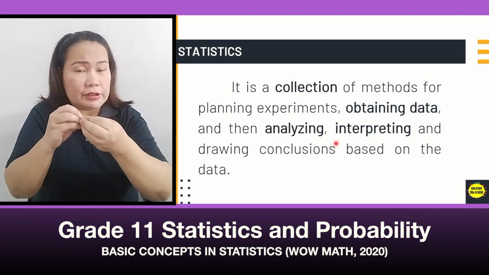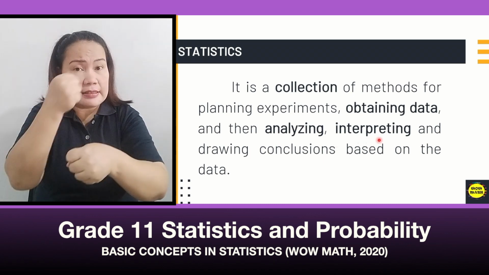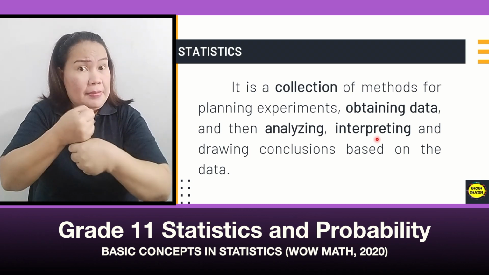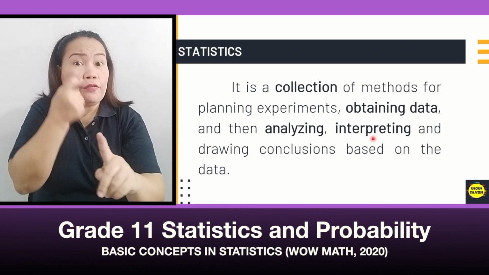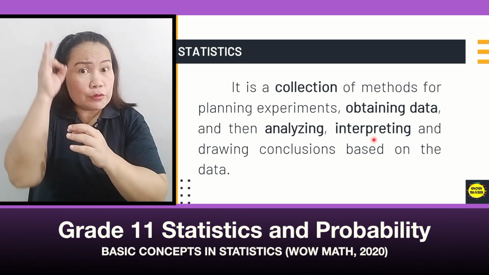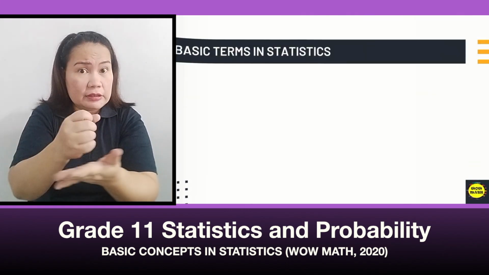And lastly, the last process in statistics is interpretation. This is about deriving conclusions from the data that have been analyzed. It also involves making predictions or forecasts about a large group based on gathered data from the small groups.